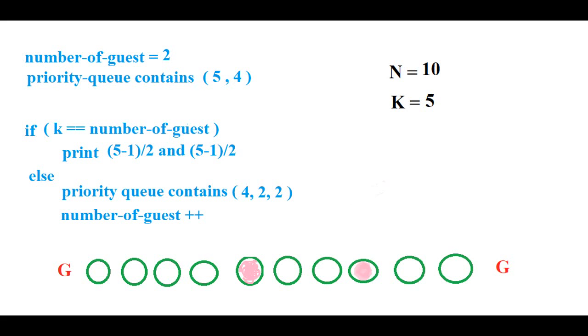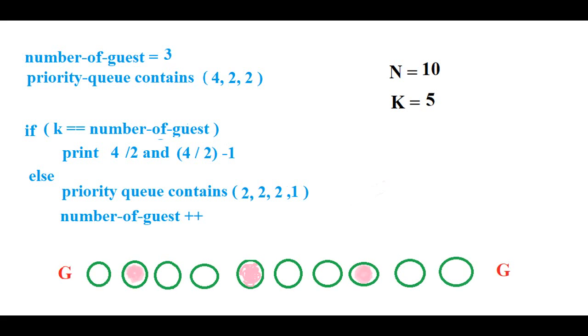Now a third guest is arriving. We retrieve the biggest number of consecutive bathroom stalls by doing a priority queue dot pop. If K equals 3, we would print out this number divided by 2 twice. The number is equal to 4, and as it is an even number, it gives the answer 4 divided by 2 and 4 divided by 2 minus 1, that is 2 and 1.